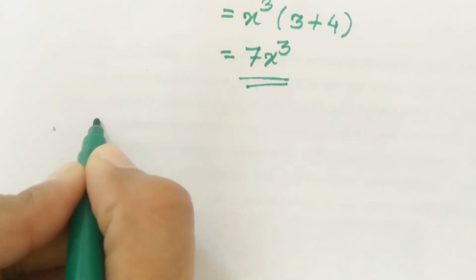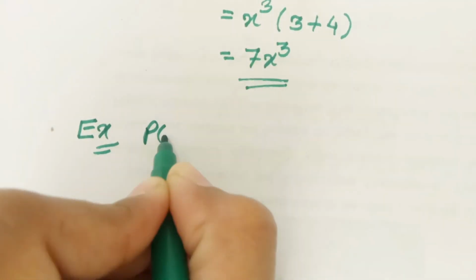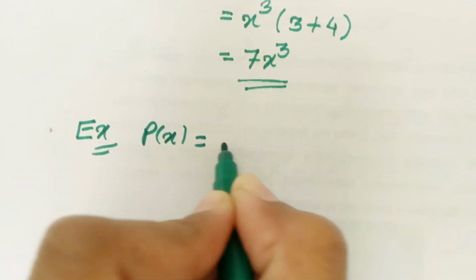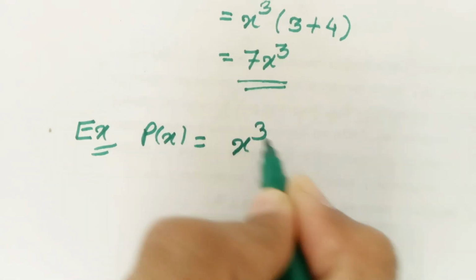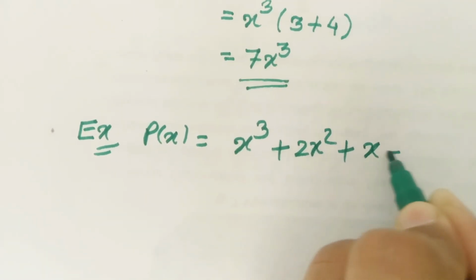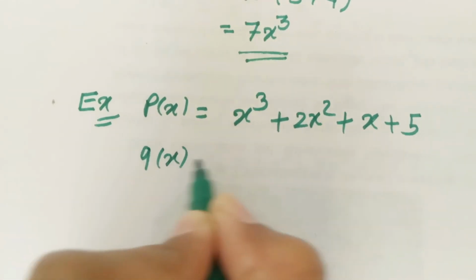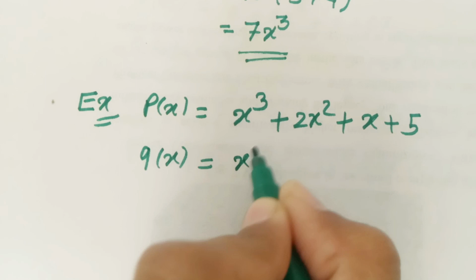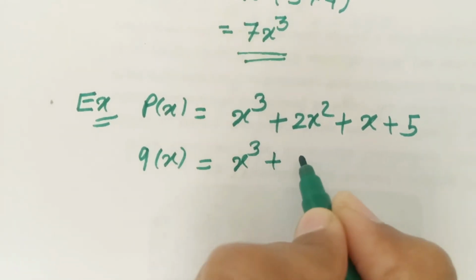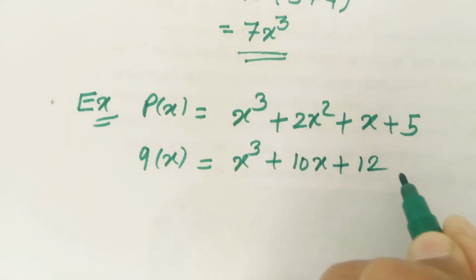Similarly, let's consider the next example. Suppose p of x is equal to x cube plus 2x square plus x plus 5, and q of x is a polynomial, that is x cube plus 10x plus 12.